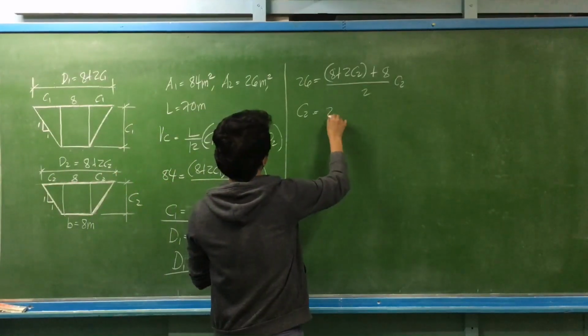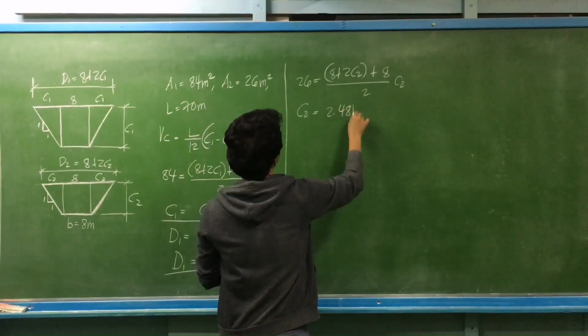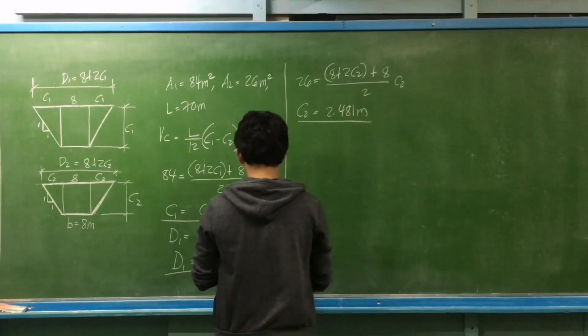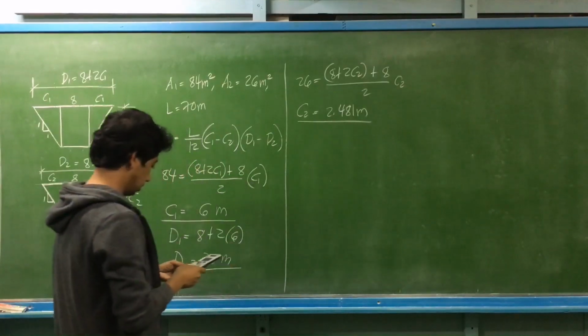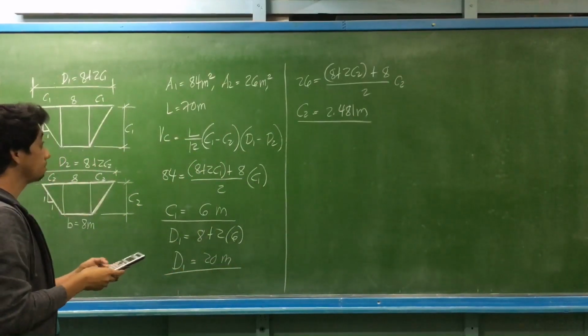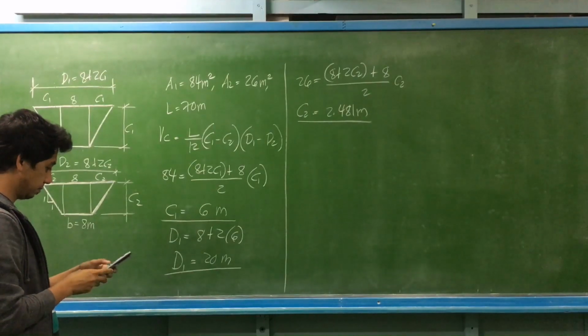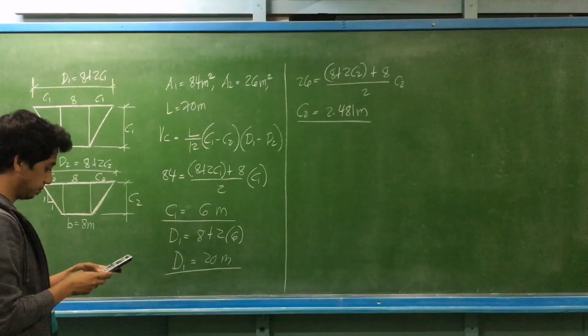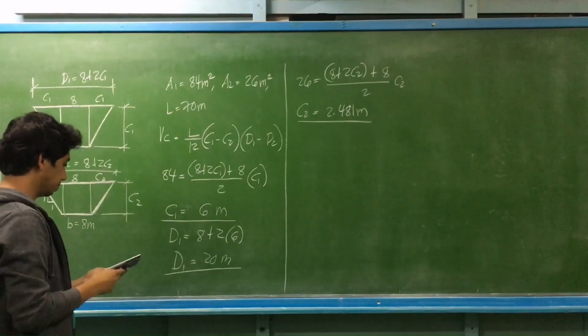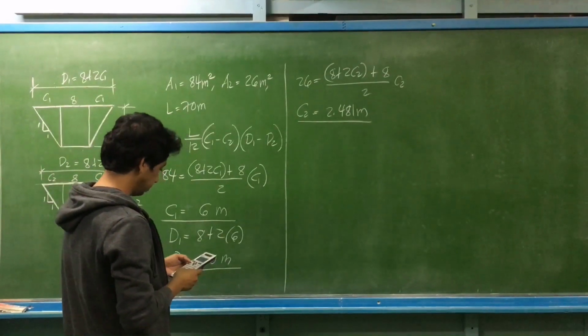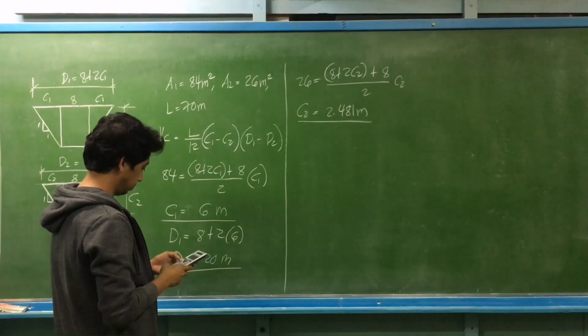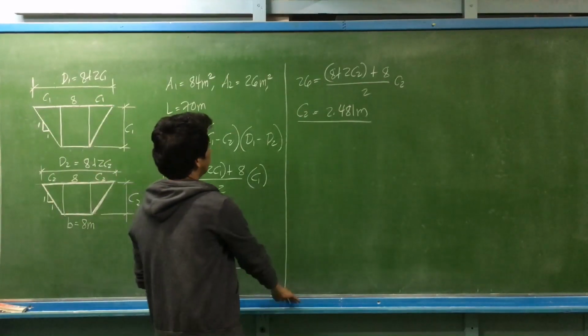So C sub 2 is equal to 2.481 meters. So double check natin. It's 2.481 meters.